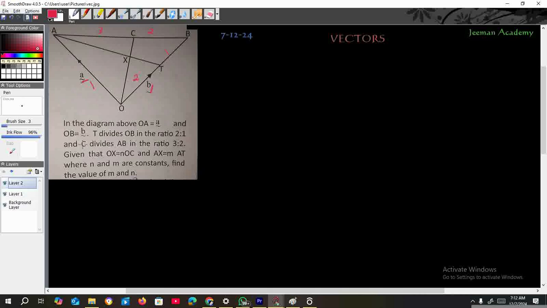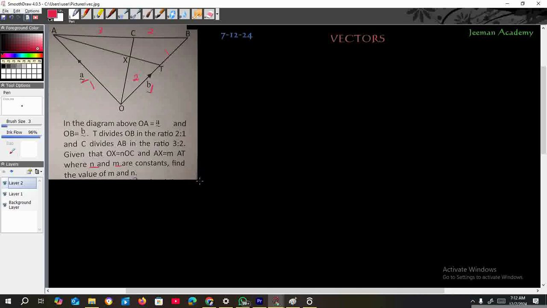Given that OX is equal to N OC and AX is equal to M AT, where N and M are constants, find the value of M and N.